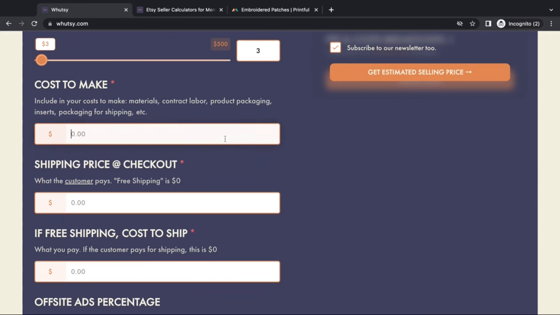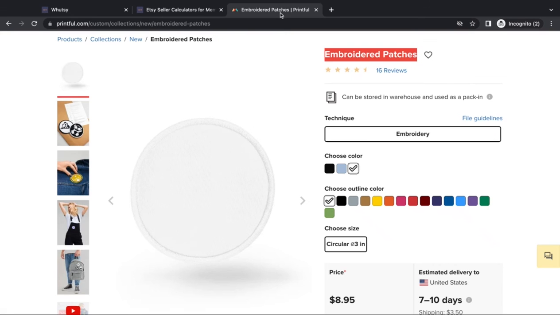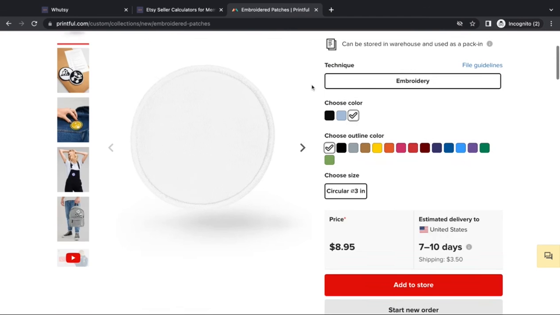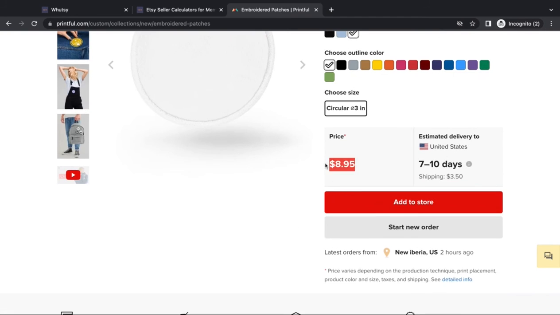Next is your cost to make. Include your cost to make, which would be the materials, any contract labor, product packaging, inserts, and packaging for shipping, etc. So for print on demand, for the cost to make, all we need to do is go over to the Printful website and see the price is $8.95.